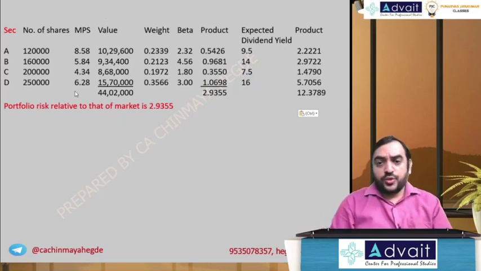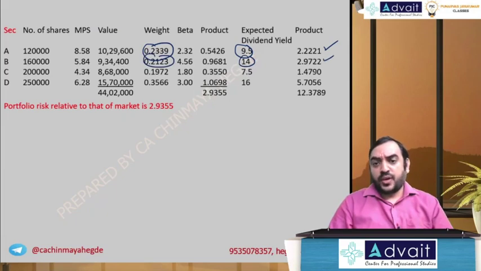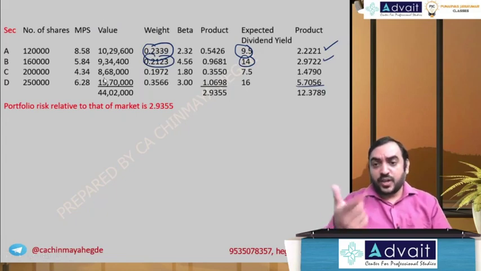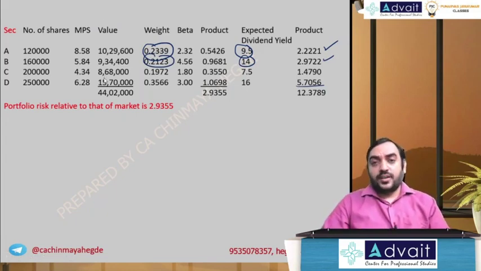So what do you get here? 9.5 into 0.2339 is 2.2221, 14 into 0.2123 is 2.9772. Like that you get the expected portfolio return. So write down that part. I'll tell you what one more point the institute is trying to recommend.